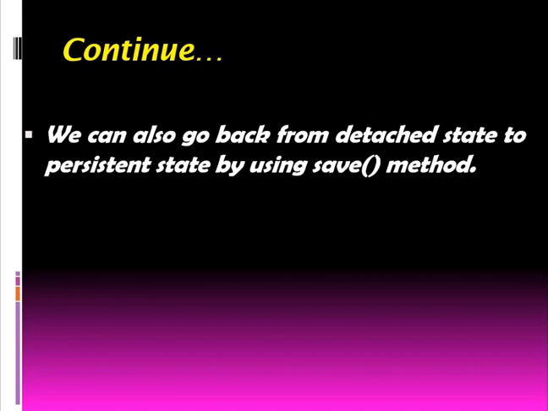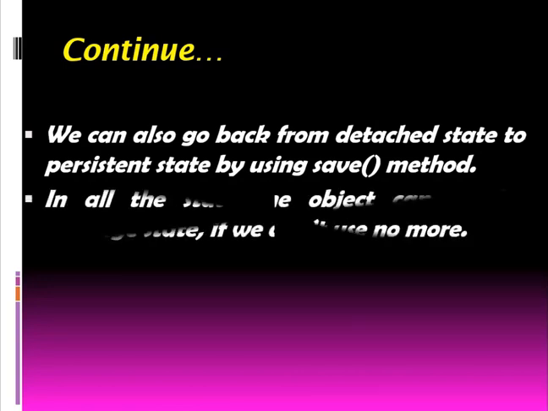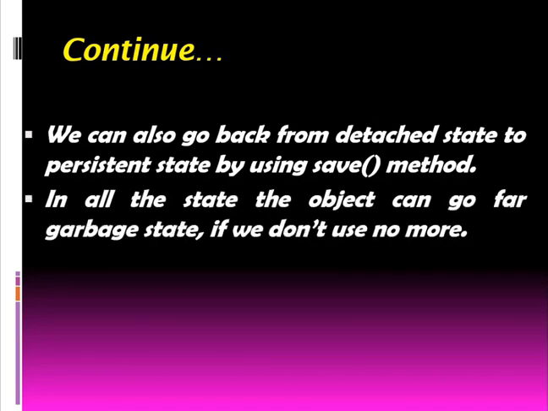If the detached object is saved again, it will go to the persistent state. In all these states, the object can go to the garbage state if we don't use it any more. If the object is in any state and we no longer use it, it will automatically go to the garbage state.